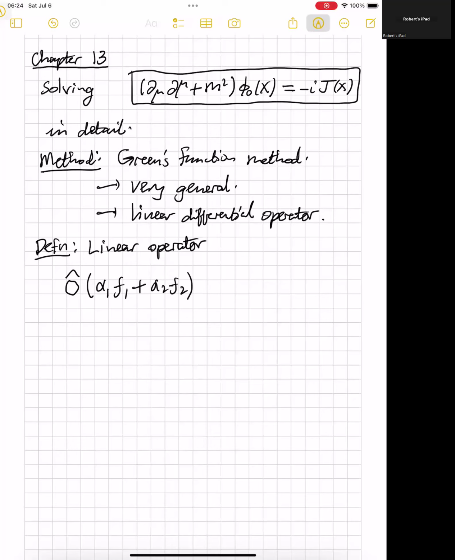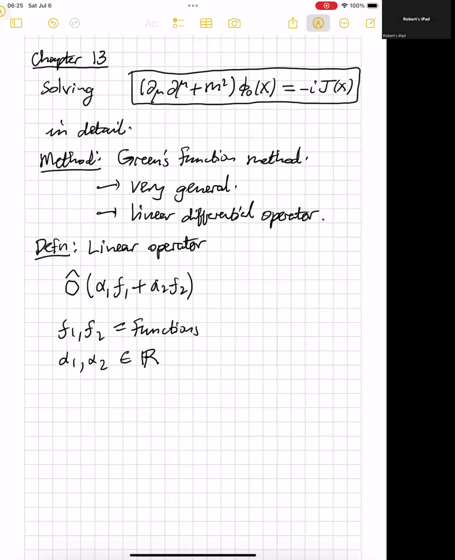F₁ and F₂ here are functions, and they could be functions of a single variable, or they could be functions of many variables, the variables that we're differentiating with respect to. α₁ and α₂, on the other hand, are just constants. You can think of them as real numbers. They're not functions.